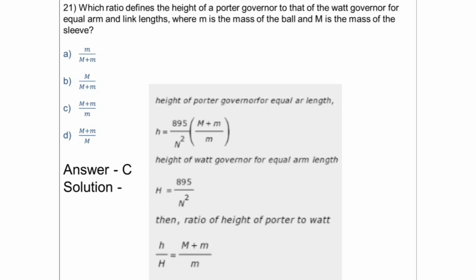And the height of the Watt governor, if you calculate the same for the Watt governor, that is nothing but h is equal to 895 by n square. And what do they ask? The ratio of height of a Porter to the Watt. So height of Porter to the Watt, that is nothing but small h divided by capital H, and the required solution you will get is (capital M plus small m) divided by small m, and option number C is the right answer.